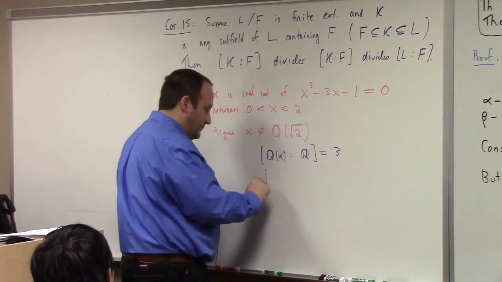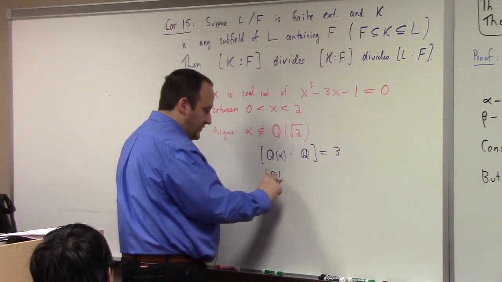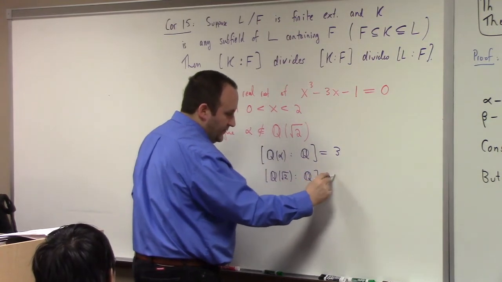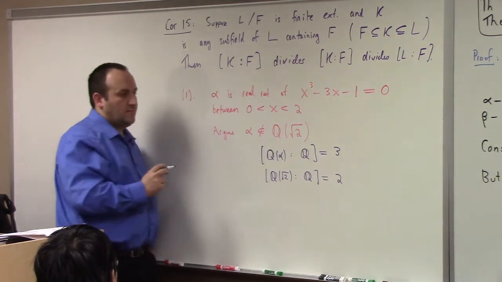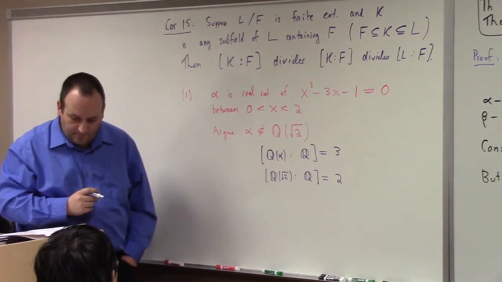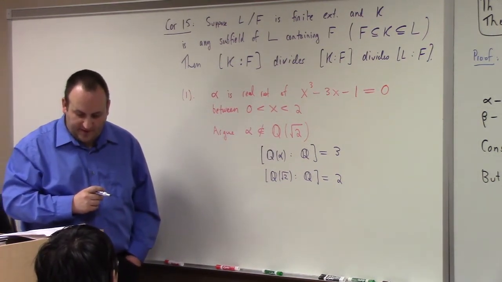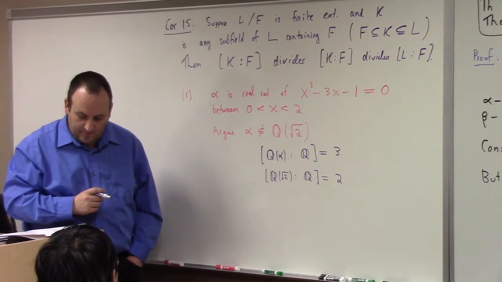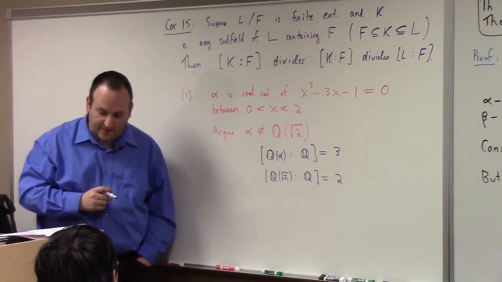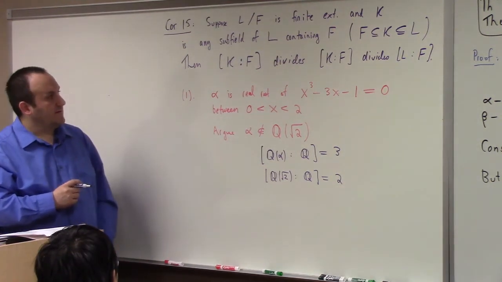We look at Q adjoin square root of 2 over Q, we have 2. He says 2 does not divide 3. So it follows that the square root of 2 cannot be written as a rational linear combination of 1, alpha, and alpha squared.